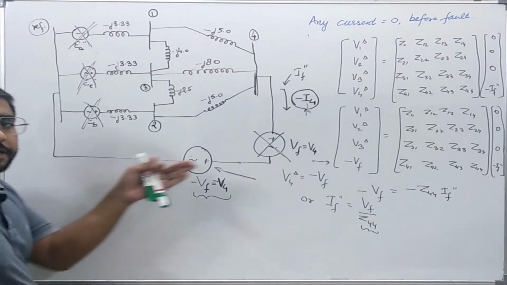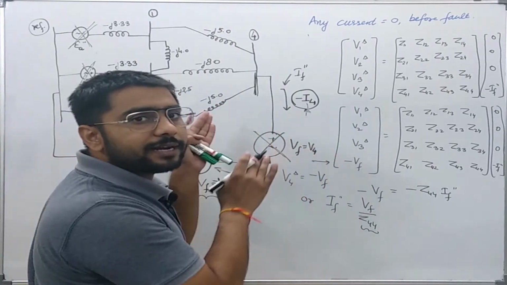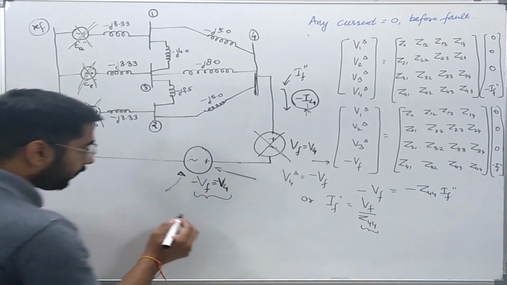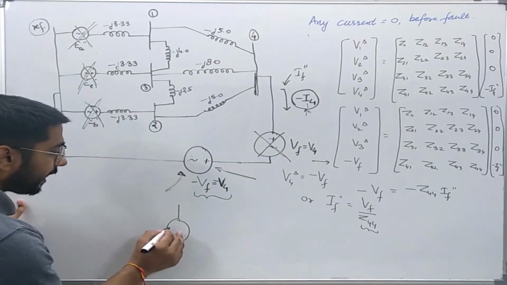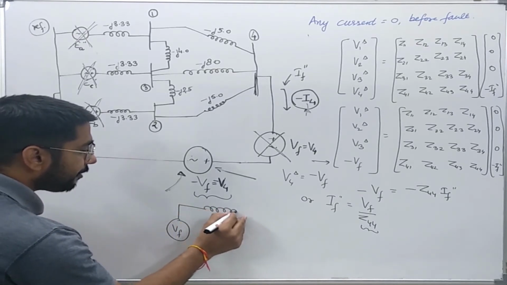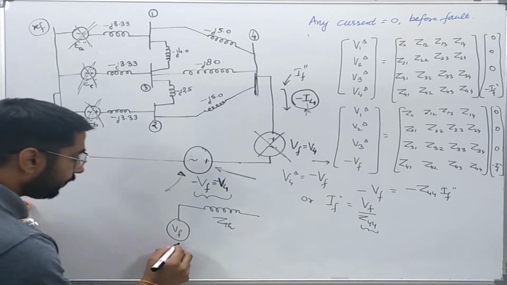We have seen in our previous lecture, if we solve the given network during the fault by the Thevenin method, what do we do? We take a voltage source Vf and the Thevenin equivalent of the system seen from the point of the fault.